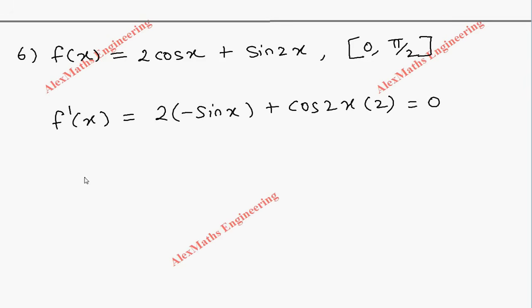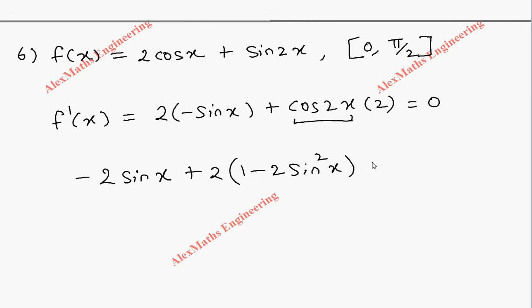Now rearranging this, we get minus 2 sin x plus 2 cos 2x, which can be written as 1 minus 2 sin square x, equal to 0. Further rearranging, we get 2 minus 4 sin square x equal to 0.